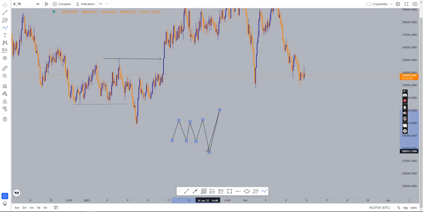If it sweeps to the downside, we call this sweep the manipulation, then the pullback we call distribution, and that distribution should cause a break of structure and then a return back to an order block, or you can call it a demand or supply zone, any one you like, where we are looking to buy from.